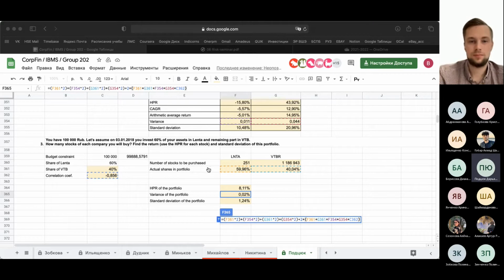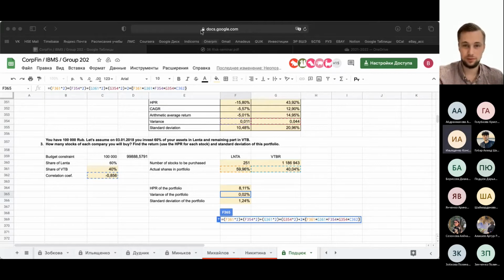Then sum it with the same done with VTB, and then add 2 multiplied by the actual shares of each stock in the portfolio, and then multiply by the correlation coefficient. But actually here in the last part, should we use variance or standard deviation?